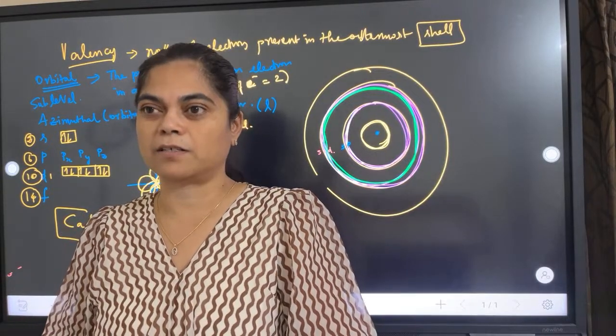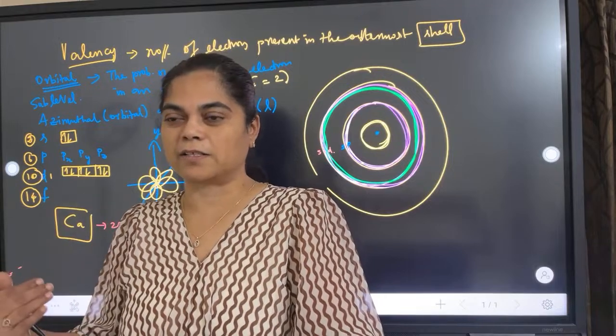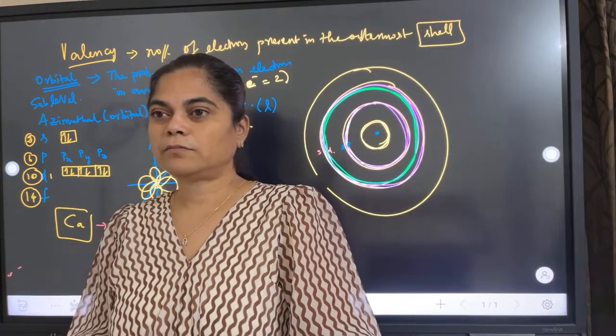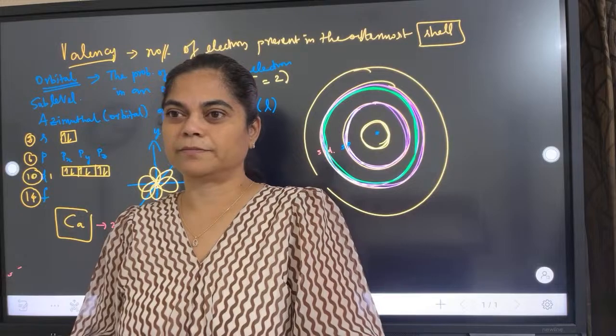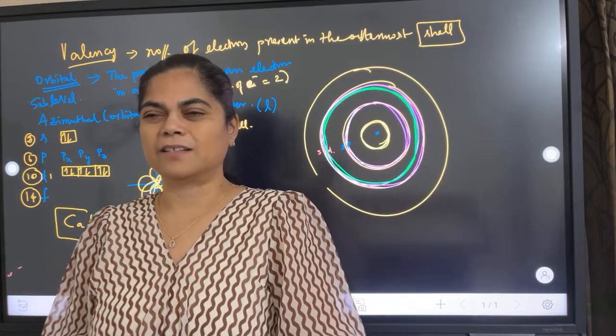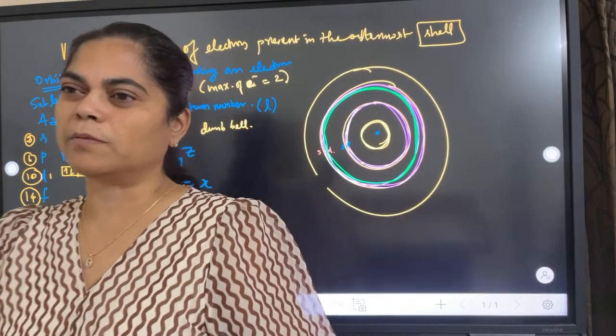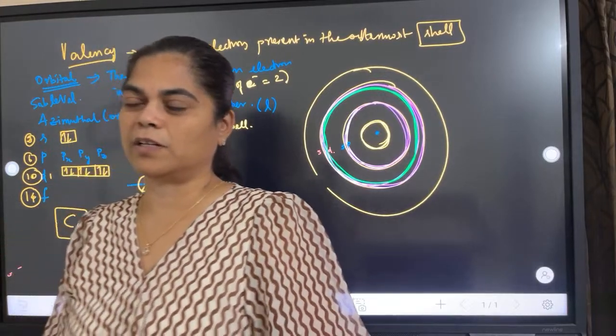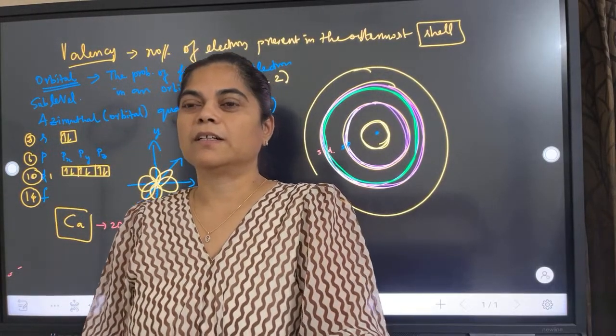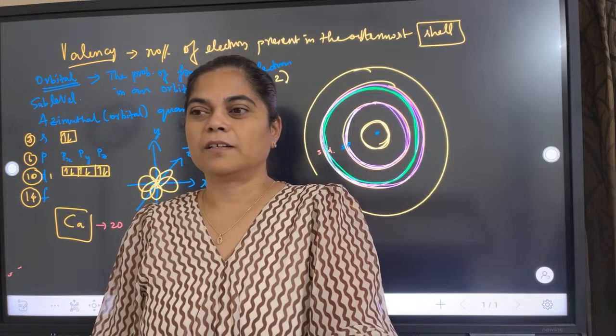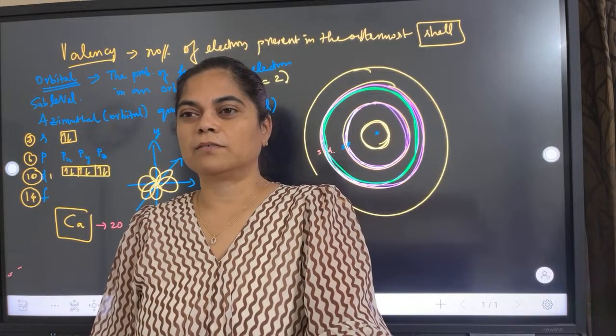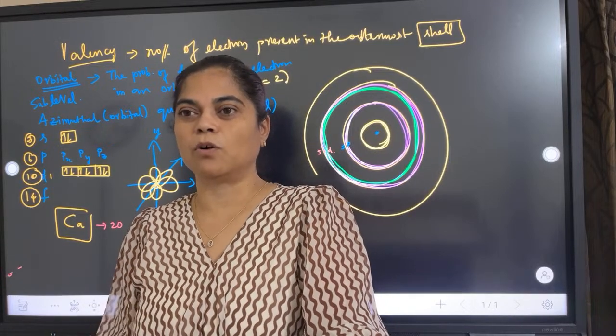It might be inert. What are all the inert gases in your periodic table? How come hydrogen will be an inert gas? It's not an inert gas. Argon, xenon, krypton, everything you must know.